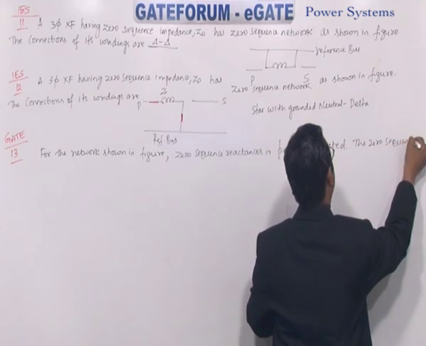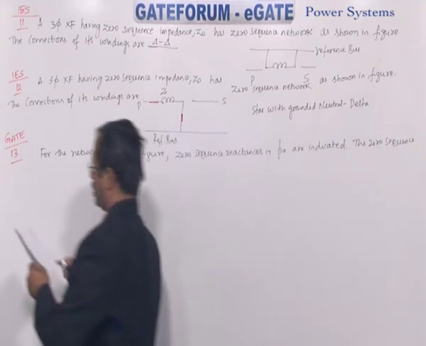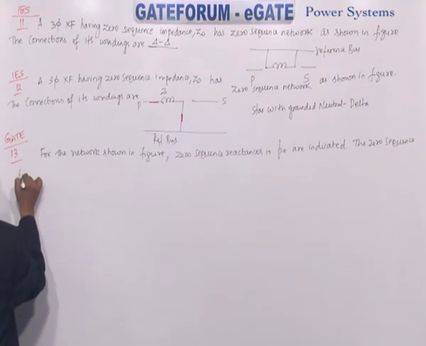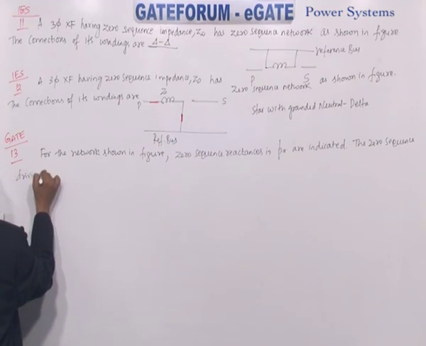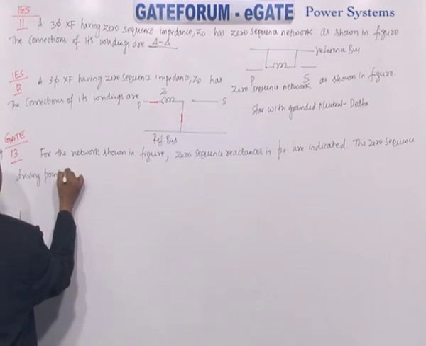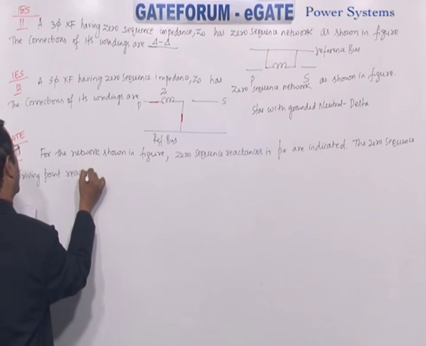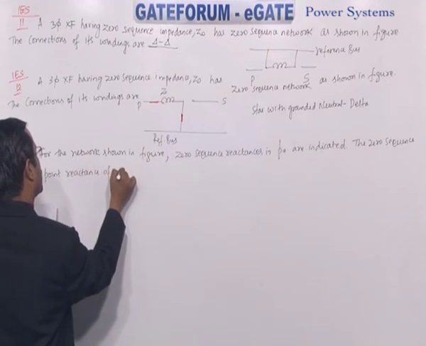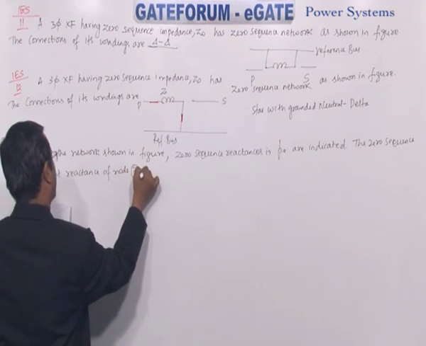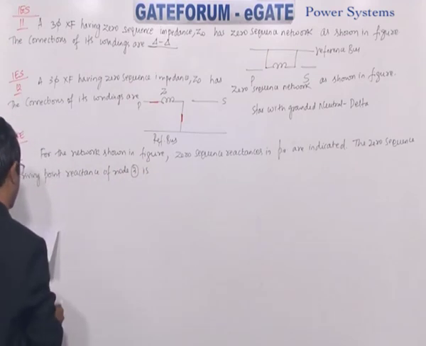So now we have to calculate the zero sequence driving point reactance of node 3.